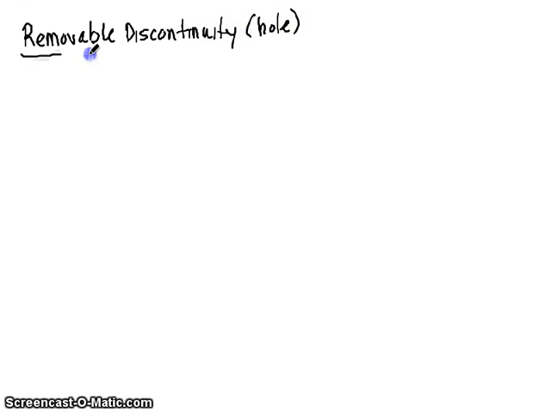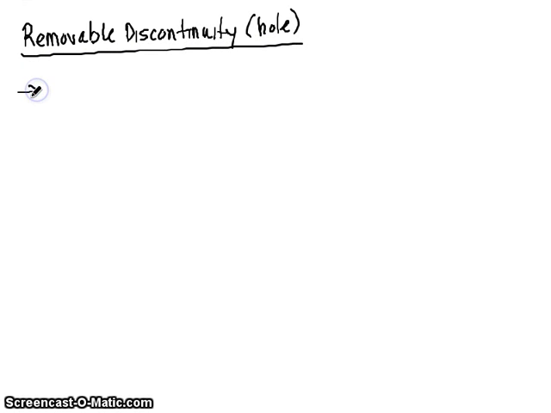So the first type of discontinuity is what we call a removable discontinuity. But you are probably more familiar with them as just a hole in the graph. So a removable discontinuity, or a hole.